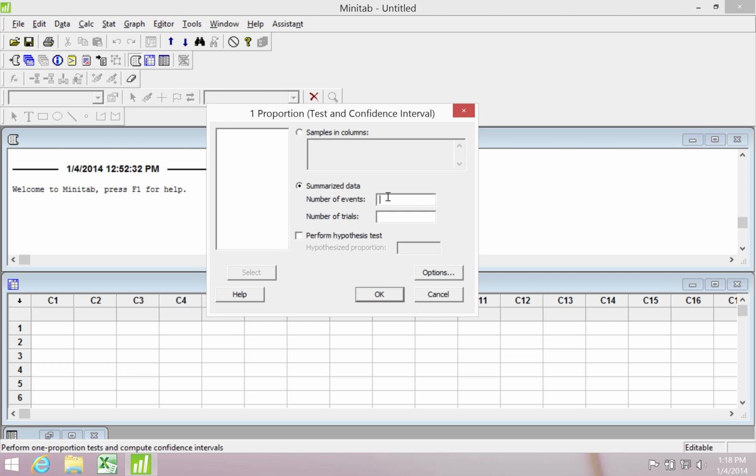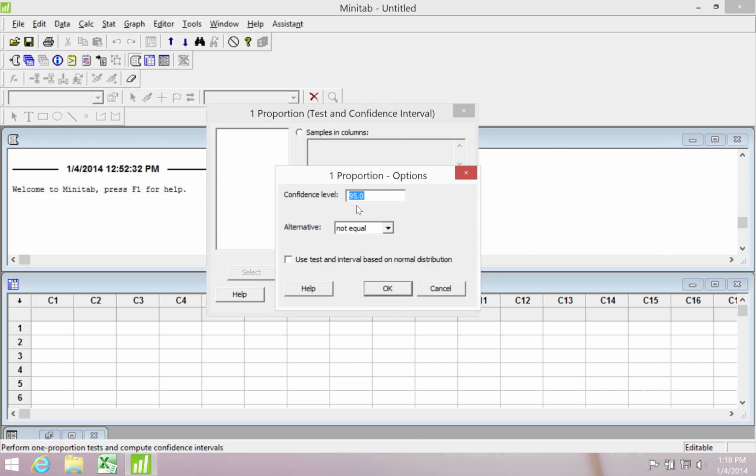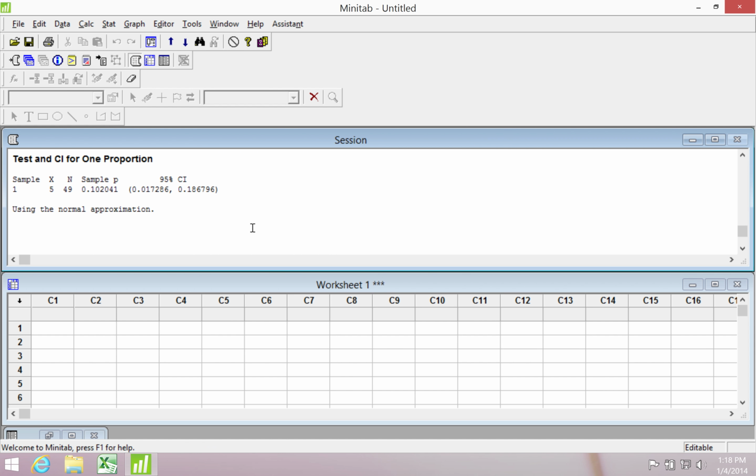That is number of events being 5, that's 3 plus 2, and the number of trials is the number of samples plus 4, so 45 plus 4, which would be 49. Under our options, we want to make sure our confidence level is 95%. For confidence intervals, the alternative is always not equal, and we want to also check off that this is based on the normal distribution. And here you can get the same confidence interval that I calculated by hand.